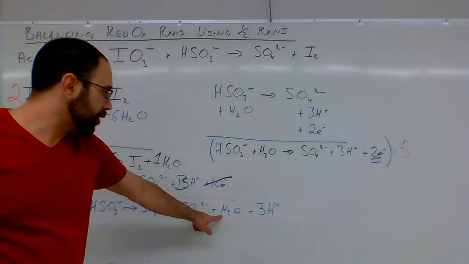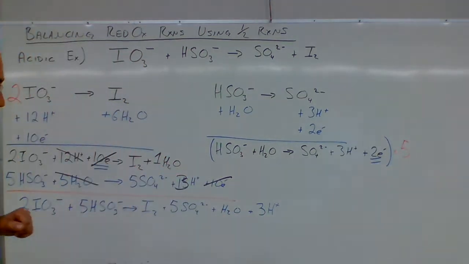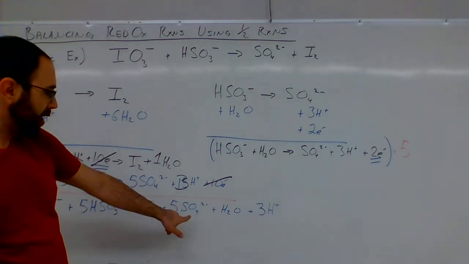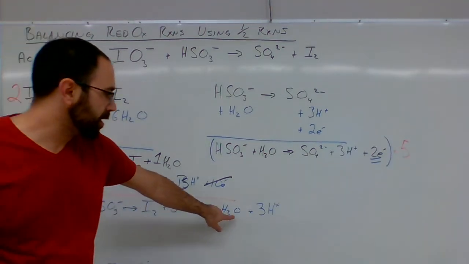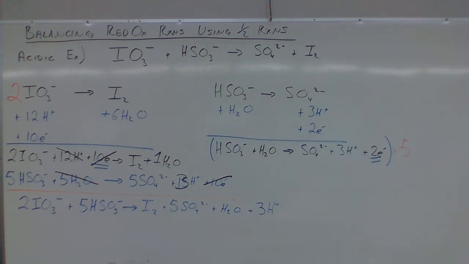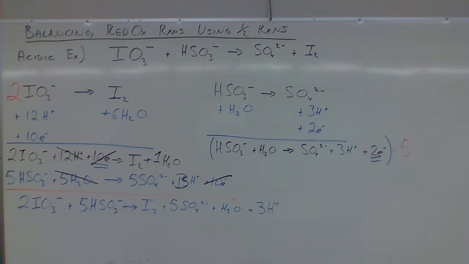I have 2 hydrogens plus 3 hydrogens gives me my 5 hydrogens. 6 oxygens plus 15 oxygens gives me 21 oxygens on this side. On my product side, I have 5 times 4 is 20, plus my 1, 21 on both sides. Okay, so our balancing works. Let's check out our next example.